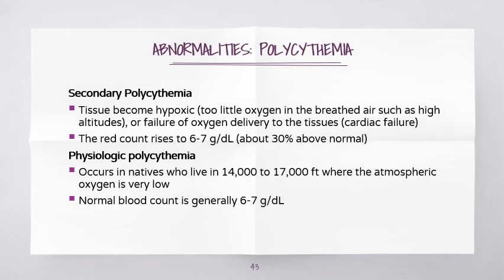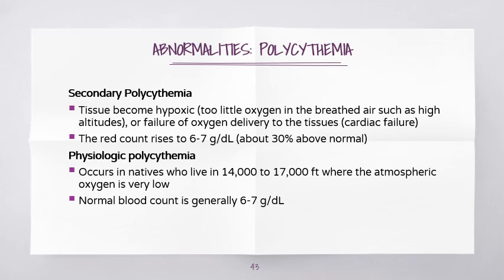We go to the second type of polycythemia, which is secondary polycythemia. So secondary, meaning there is a primary cause, and the most common primary cause of an increased red cell count is, of course, hypoxia. So if there's too little oxygen in the breathed air, such as in high altitudes, the patient may produce a slight increase in the normal red cell count.